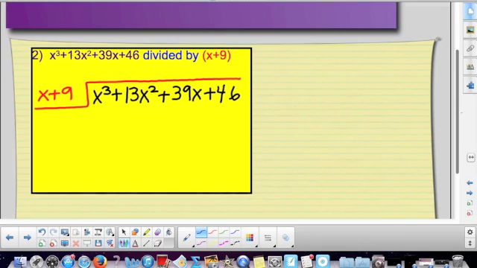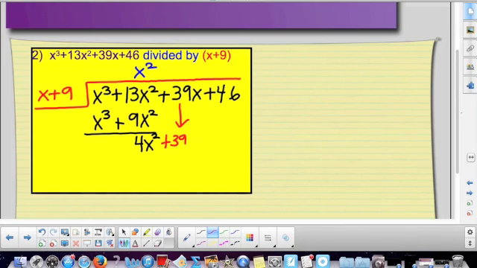So I'm going to start off with multiplying x plus 9 times x squared. And when you do that, we get x cubed plus 9x squared. Subtract those two equations. That's going to give me 4x squared. We have to bring down the positive 39x. And so it makes sense to generate a 4x squared. I'm going to multiply by 4x.